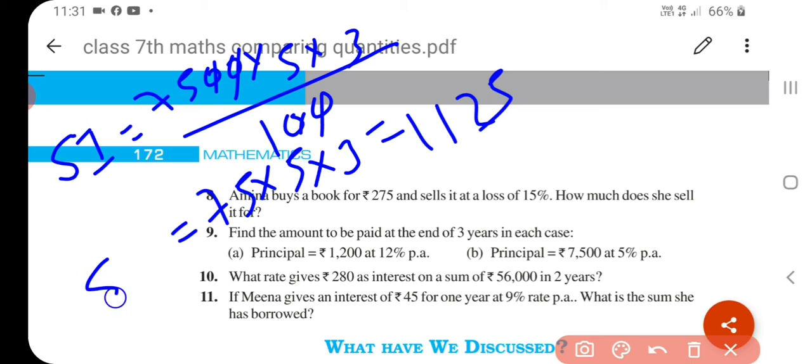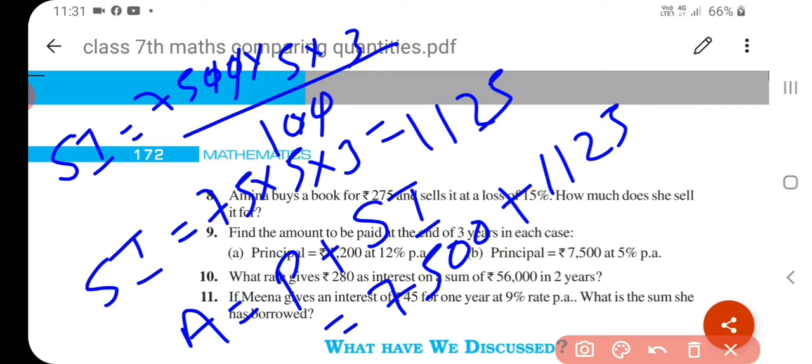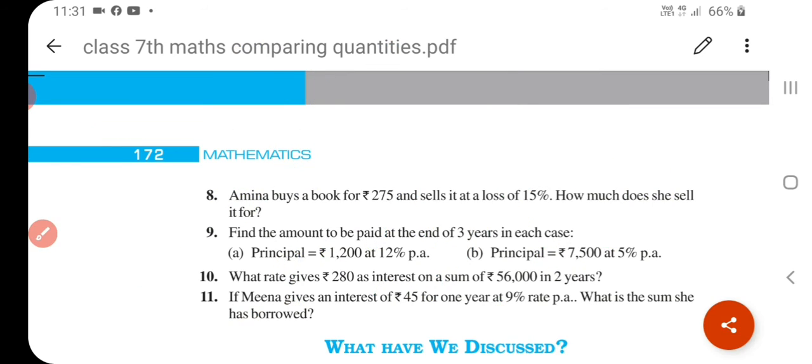Okay, this is your SI. So what is amount? Amount is equal to principal plus SI. Principal is 7500 plus 1125. So your answer is 8625. Okay, understand? So this way you complete question number 9.